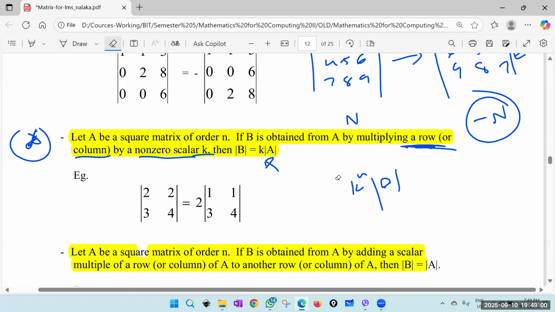So this is an example just to get a feeling of this rule.